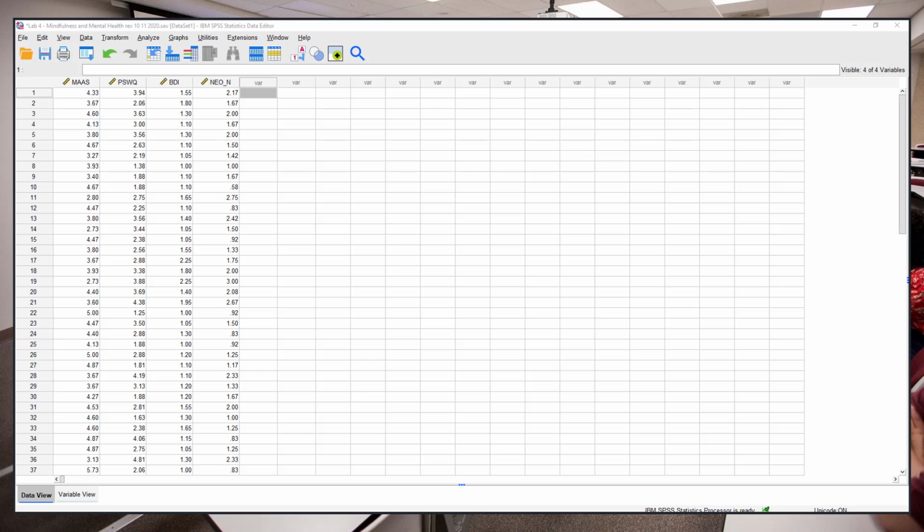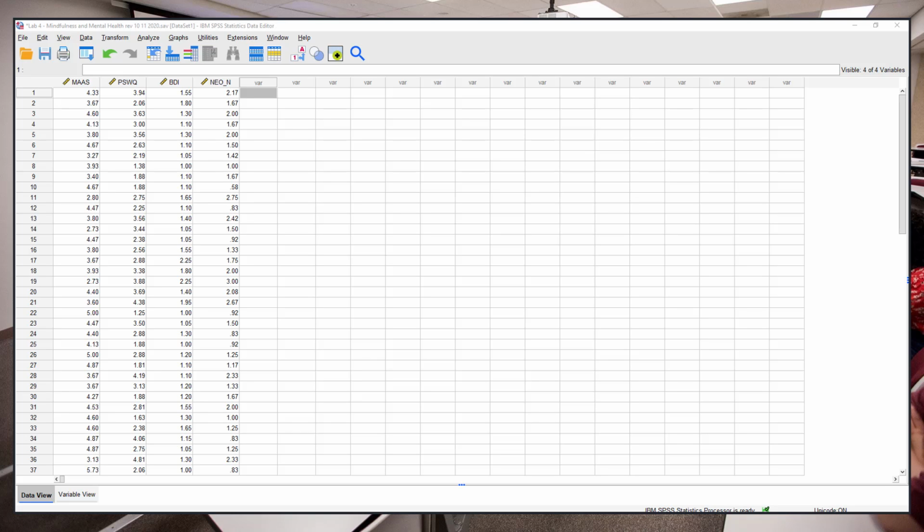In order to do so, we have to determine whether or not the mindfulness and neuroticism variables meet the basic assumptions for simple regression.